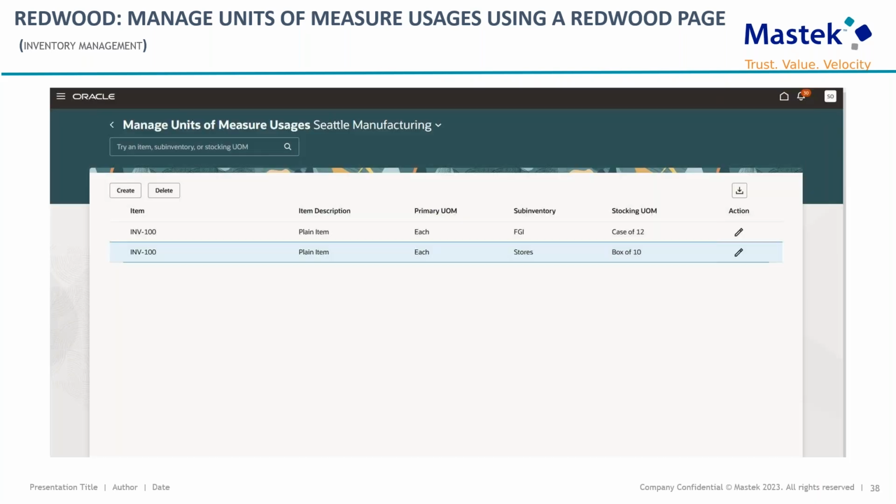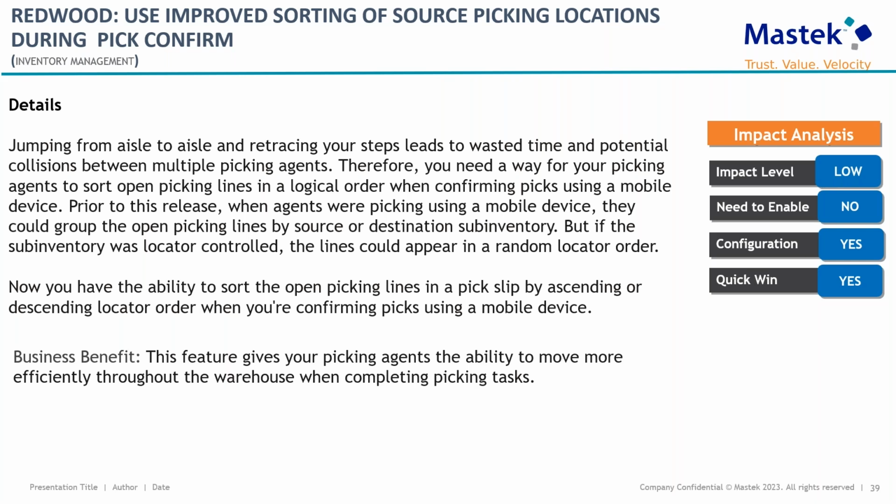Let me move on to the next new feature, which is improved sorting of source picking locations during pick confirm. With the 25 update, Oracle improves the mobile picking experience by allowing picking agents to sort open picks line by locator order, ascending or descending within a locator controlled sub-inventory.